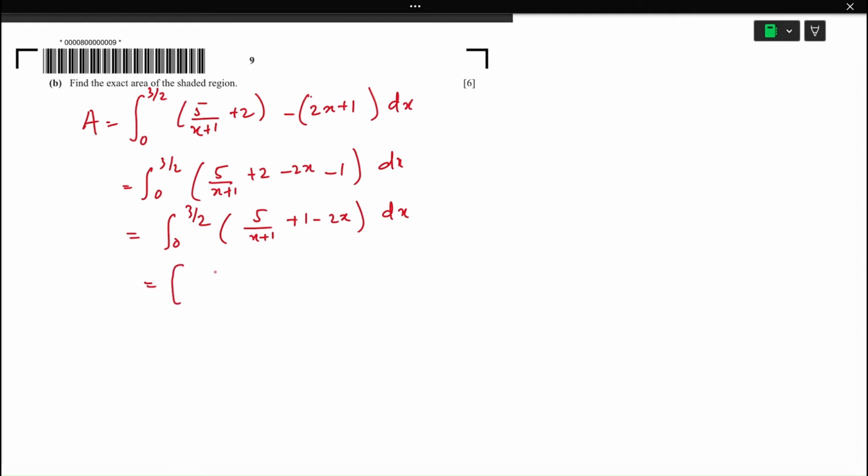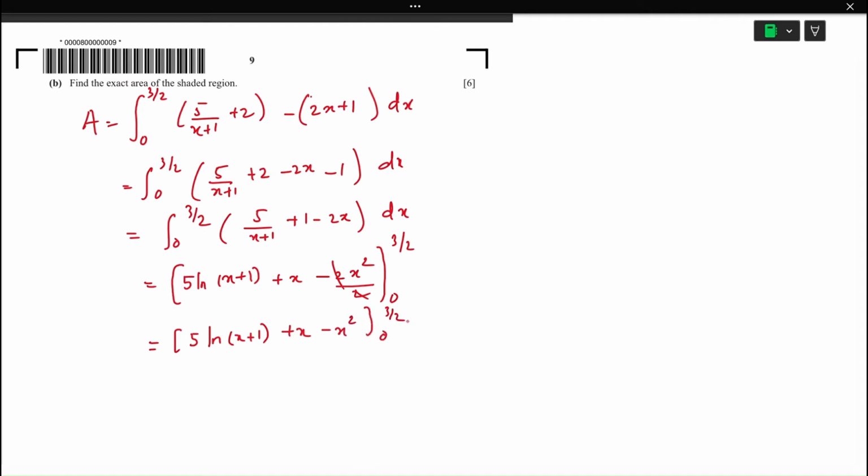First part, 5 by x plus 1 is going to be 5 into log of x plus 1, and the second part is going to be x, and the third part is going to be minus 2 into x square by 2. The limits 0 to 3 by 2. Okay, the next 5 log x plus 1 plus x minus 2 got cancelled, it becomes x square, 0 to 3 by 2.